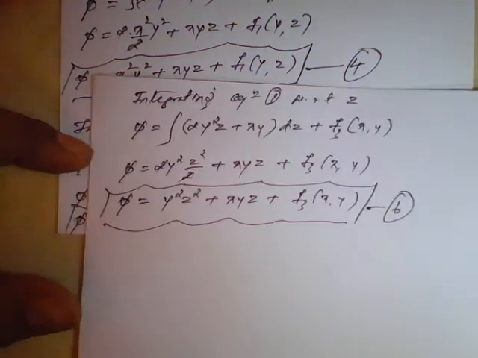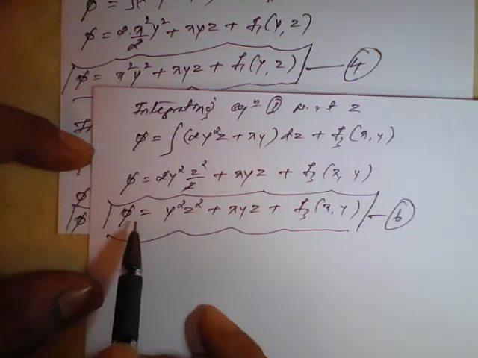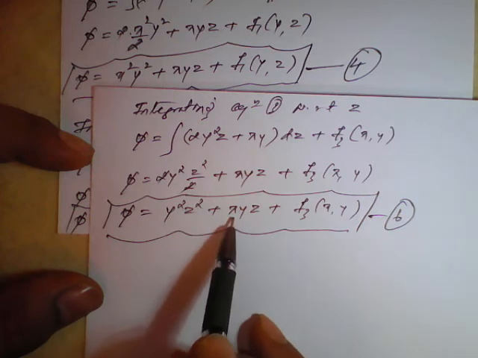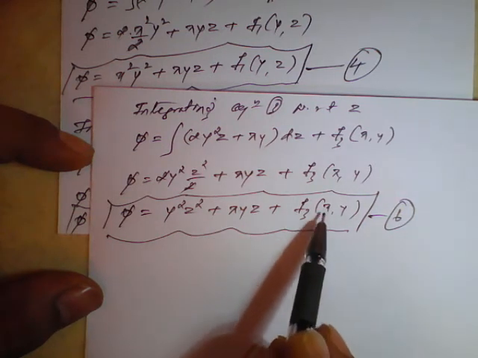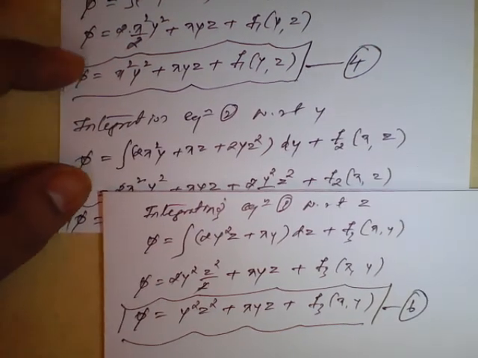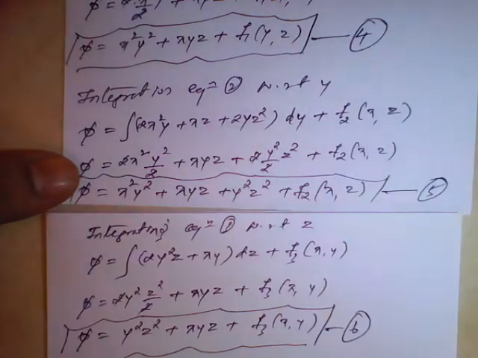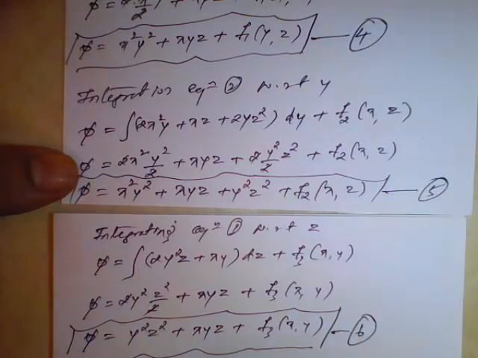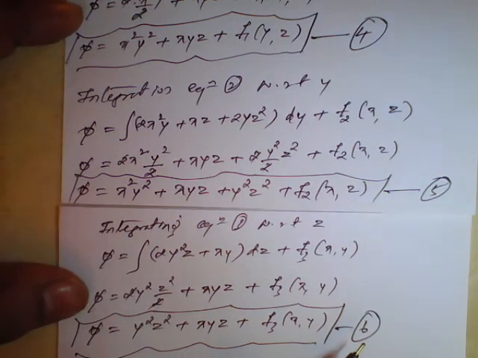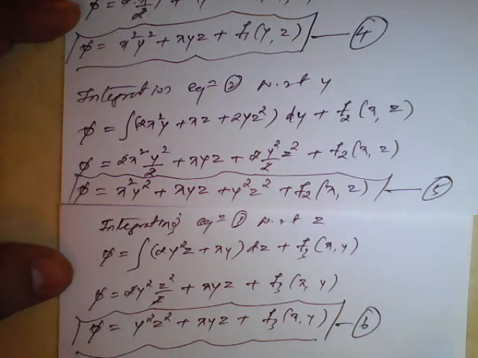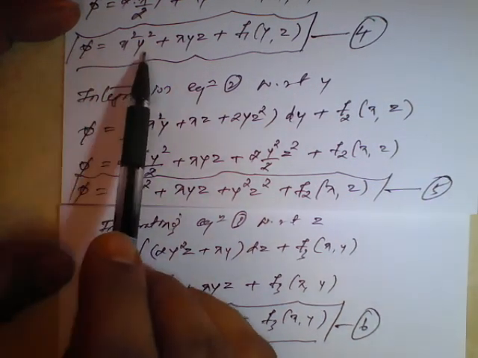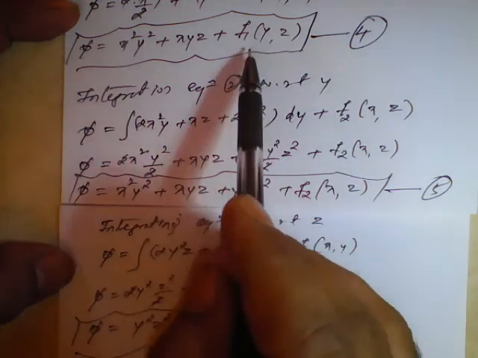And similarly we got the sixth equation, y square z square plus xyz plus f3 of xy. So just observe equation 4, equation 5 and equation 6, we got 3 equations.